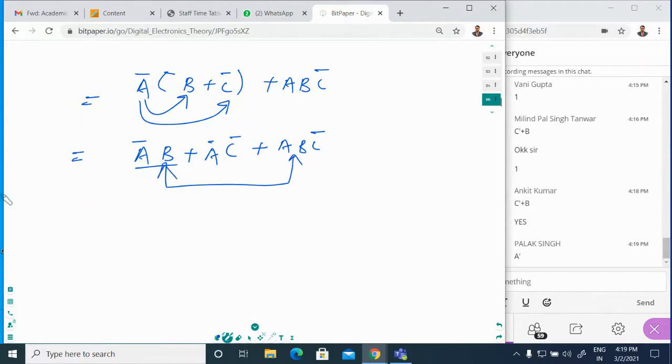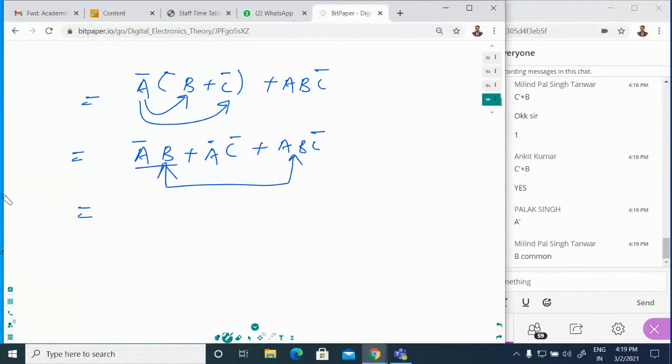If you take the value B as common, you will get A bar, then B, this AC bar. So you can formulate the solution from here. So how will you take the output? This A bar and C bar is the same part which we have represented. Then we will take B as common, and you can represent it as A bar plus AC bar.